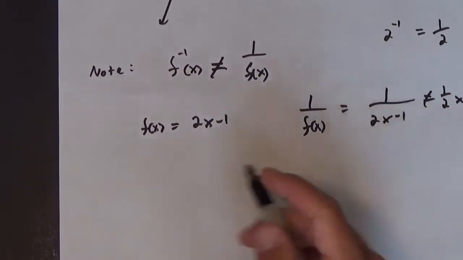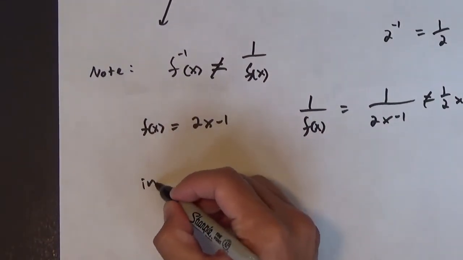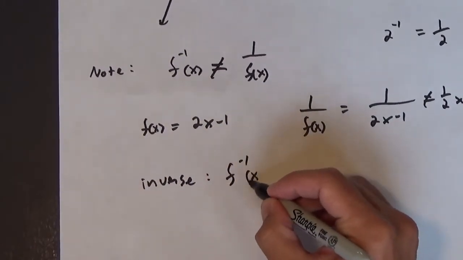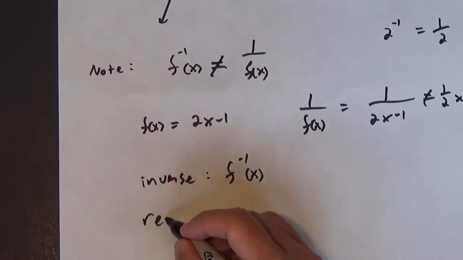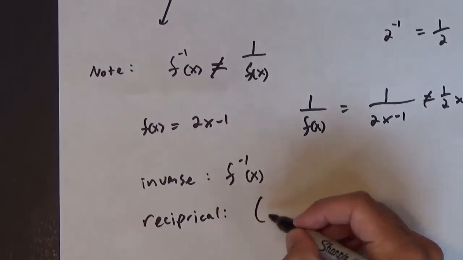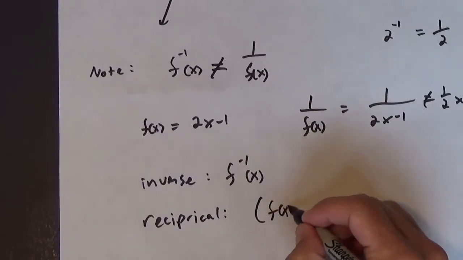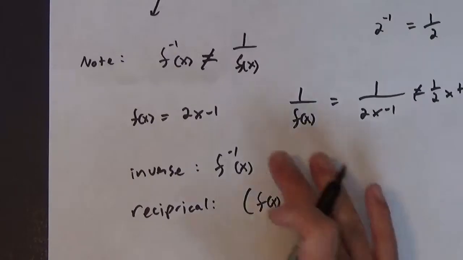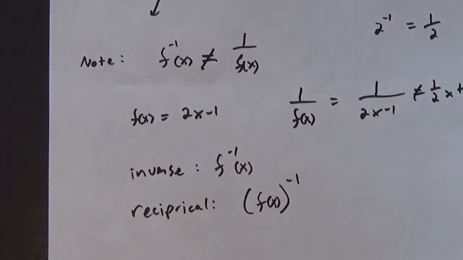So if you wanted the reciprocal, you'd have to put parentheses around it and say f of x to the -1 like that. So just something to keep in mind when it comes to the notation.